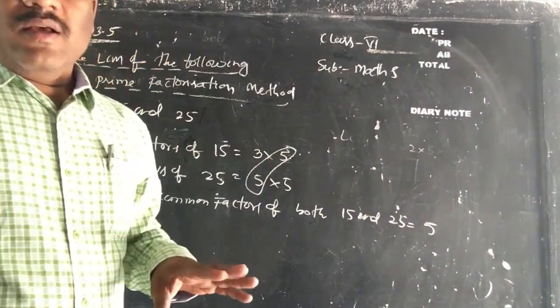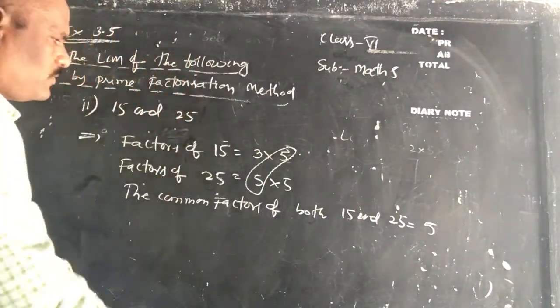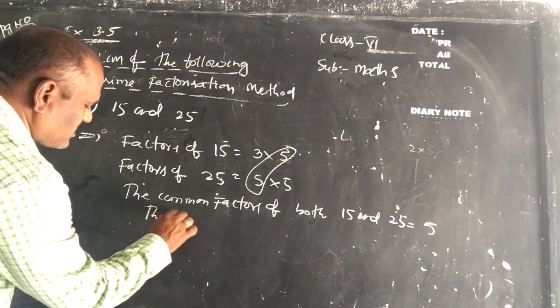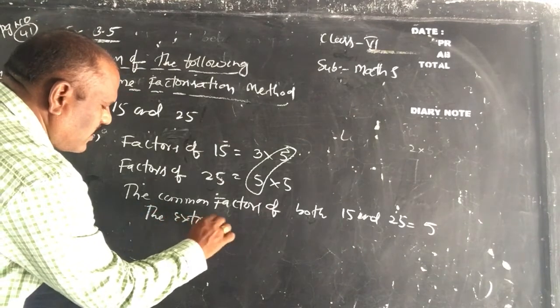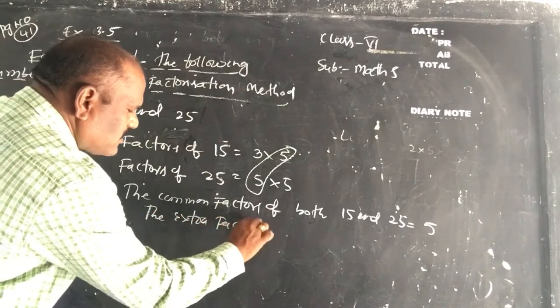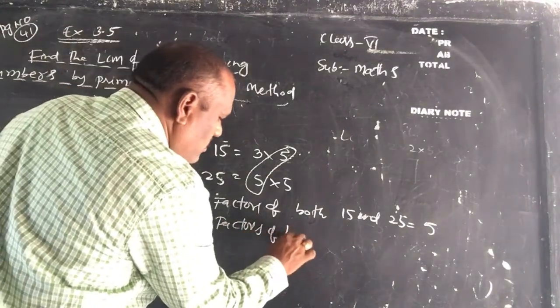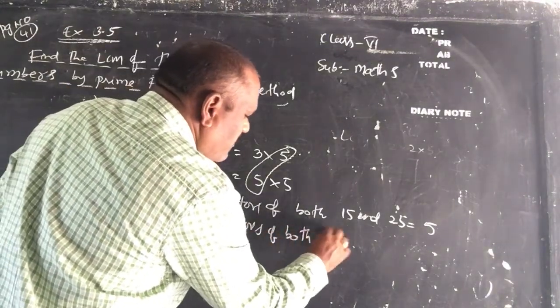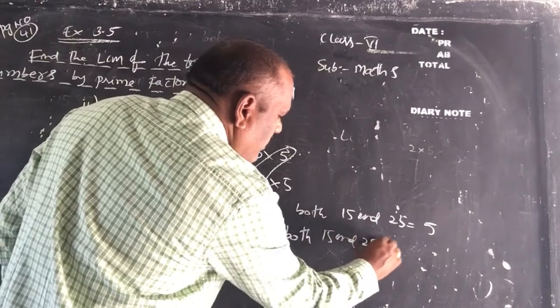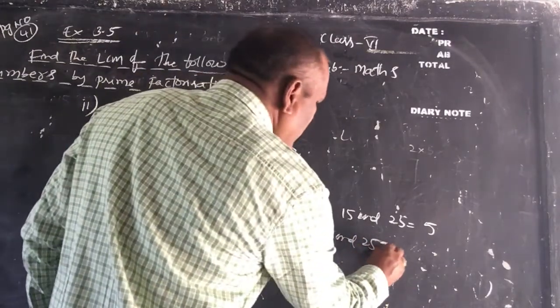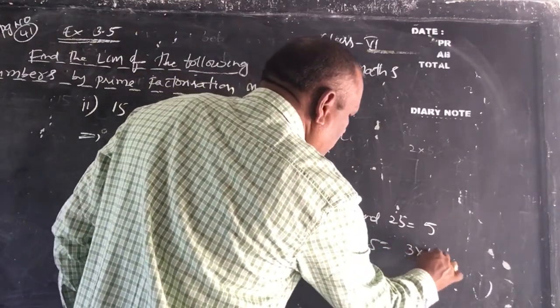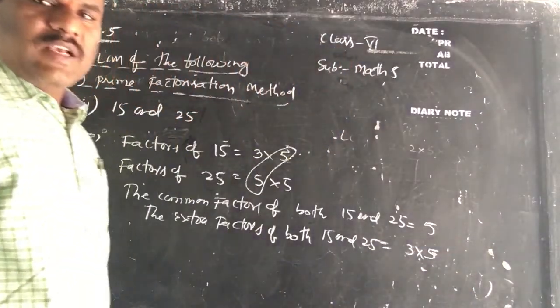Now, children, the extra factors of both 15 and 25. What is the extra factor here? 3 into 5. 3 into 5 are the extra factors.